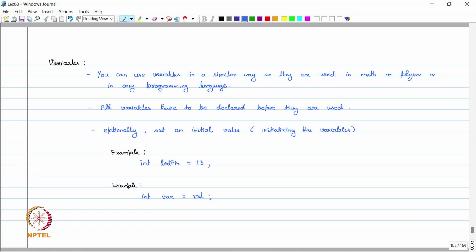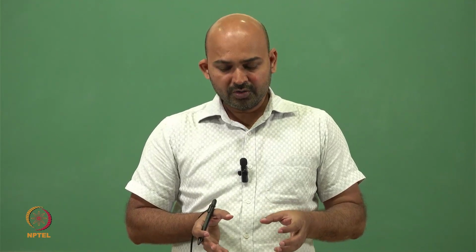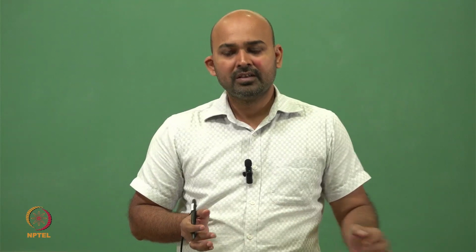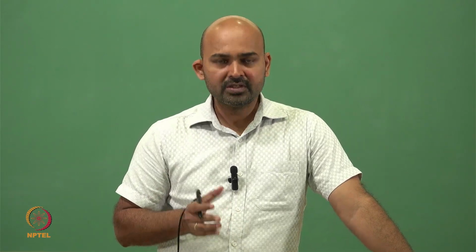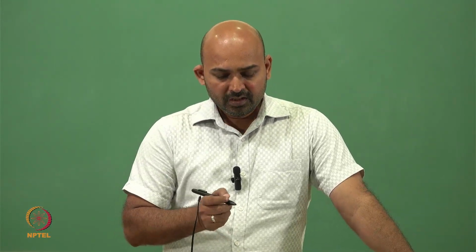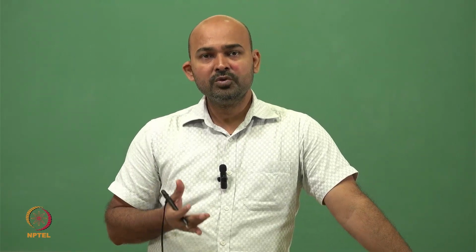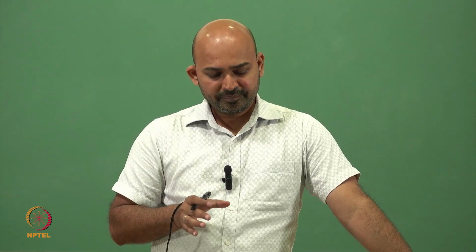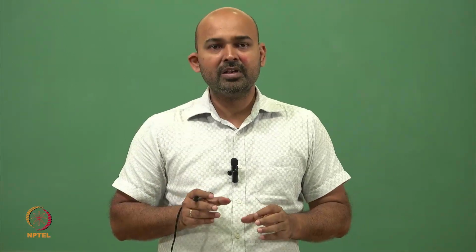So we have certain variables in the programming language, and these variables for Arduino can be used in a similar way that they are used in maths or physics or even any other programming language. All variables need to be declared first before we use them in the program. However, it is optional to put an initial value or initializing the variable.